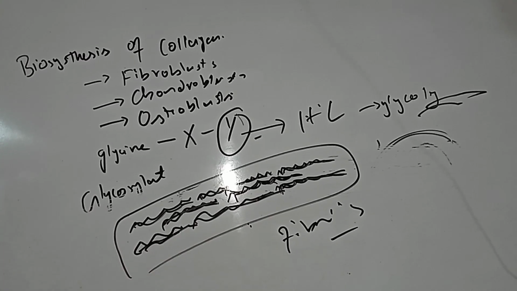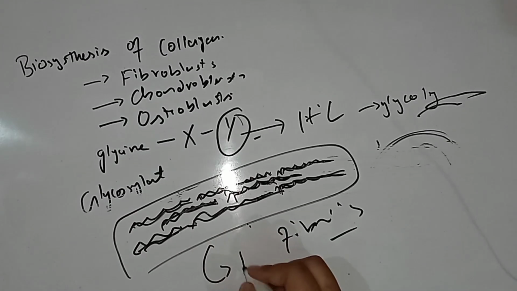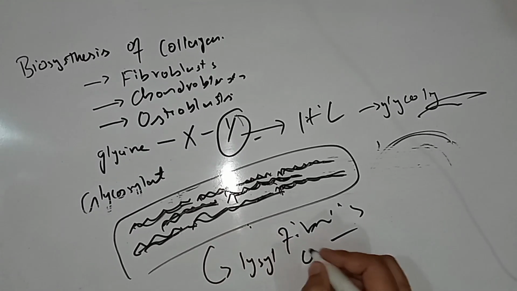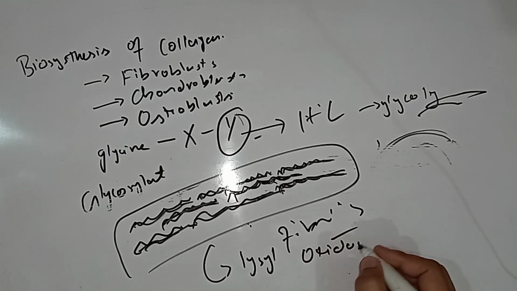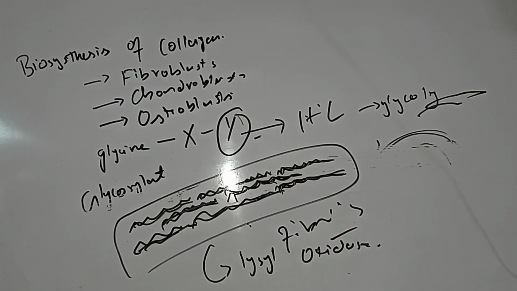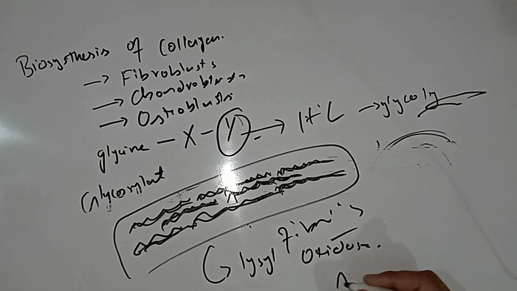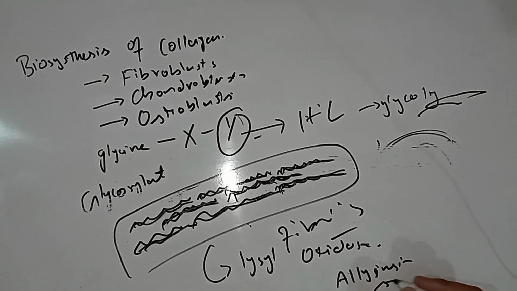Then here comes another enzyme which is called lysyl oxidase. What does this enzyme do? This enzyme basically converts the lysine into an allysine residue.